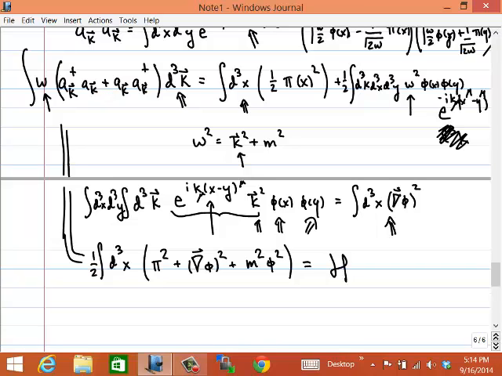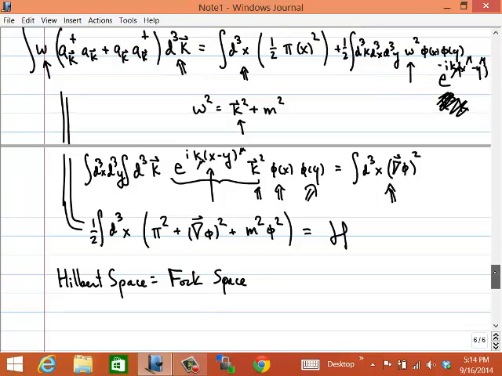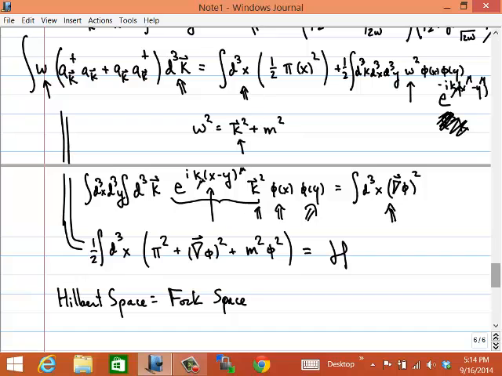So just to summarize, what we see is that the Hamiltonian of our free field theory is just given by the sum of the Hamiltonians of an infinite number of non-interacting harmonic oscillators. So the Hilbert space of the theory is a Fock space, which is that of an infinite number of simple harmonic oscillators, one for each momentum mode.